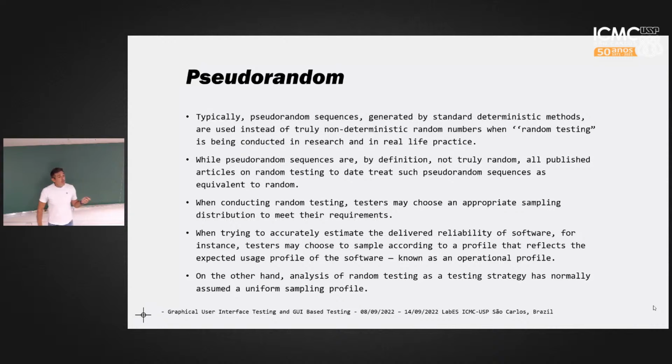The algorithm that runs on our PC and seems to generate random values actually uses deterministic methods. So when we run an algorithm, it is actually a deterministic method instead of a non-deterministic process like the launch of a coin. Okay.